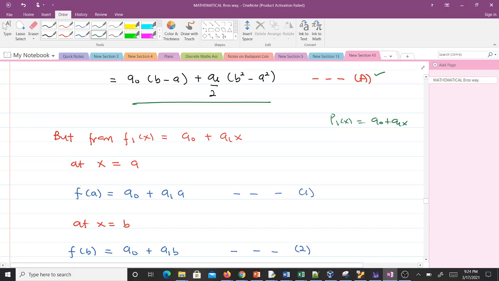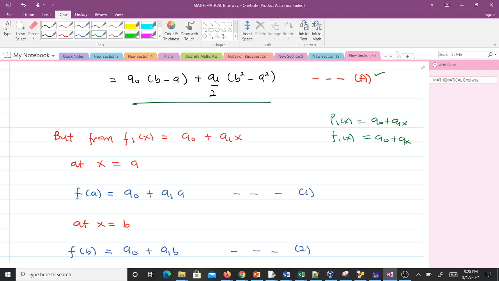So for convenience sake, let's change the p1 of x to f1 of x. It doesn't change anything. Okay, all right. So that is why you can see f1 of x is equal to a0 plus a1 x. We've just changed the p to f.